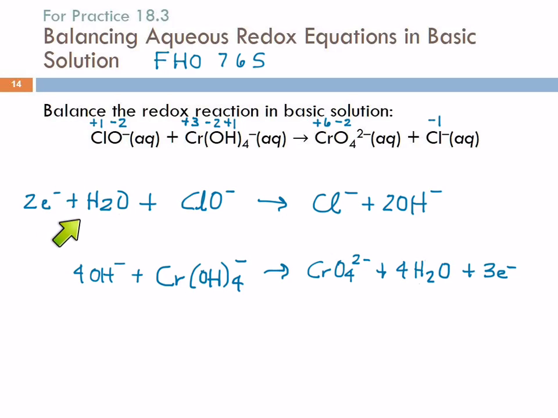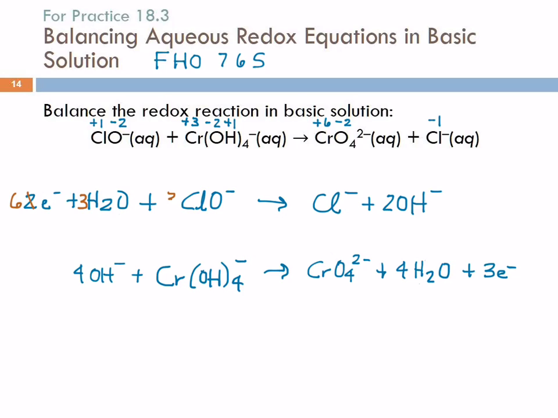I need to add these two back together. They're half reactions. I need a whole reaction. But when I add them together, I need the electrons to go away. And so I need to get these numbers the same. I've got 2 here and 3. And so I'm going to multiply this top one by 3. So that becomes a 6.